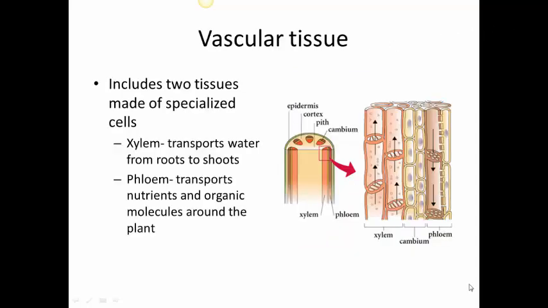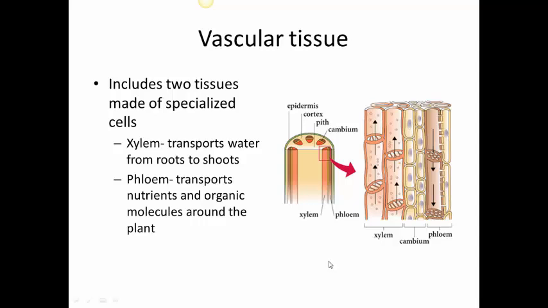Let's take a closer look at the vascular tissue. Vascular tissue includes xylem and phloem, which are both complex tissues because they include more than one cell type.